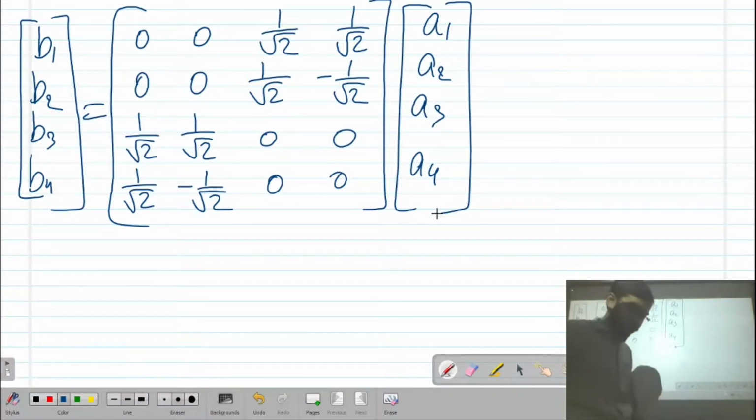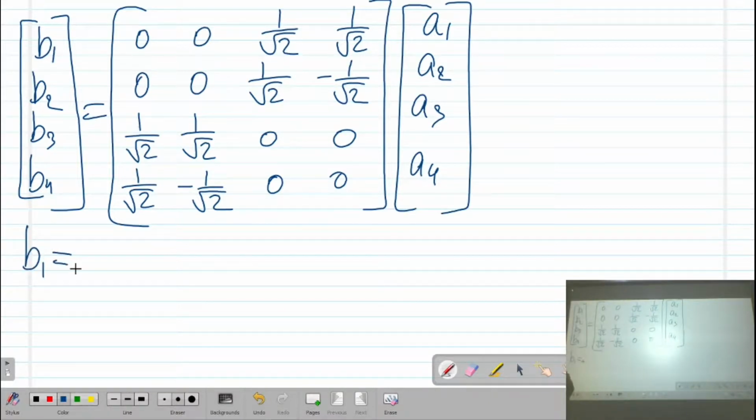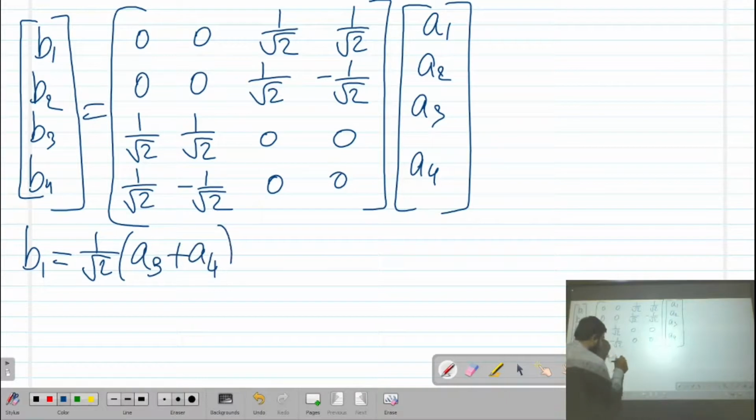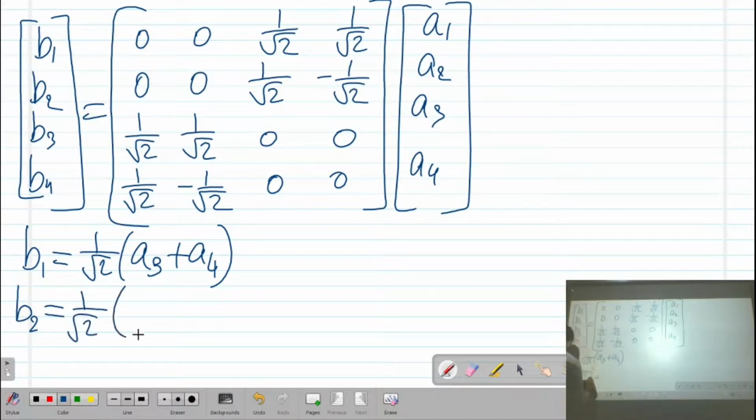between A and B. What we are going to get is B1 is equal to 1 by root 2 into A3 plus A4. Similarly, B2 is equal to 1 by root 2 into A3 minus A4.